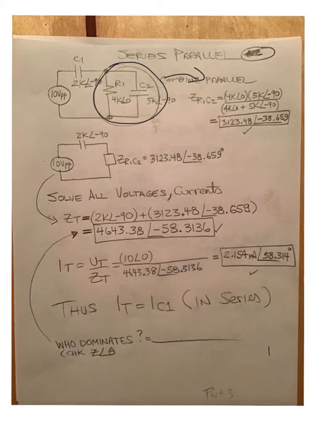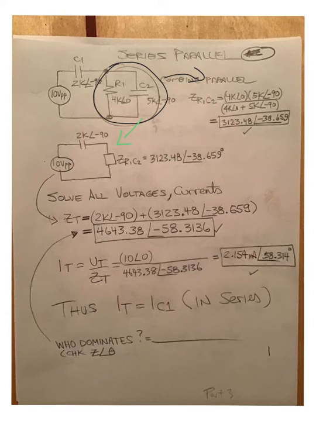Okay, so once I combine those two, they drop into the situation of becoming a combined impedance. And you see how quickly this circuit goes from series parallel to chapter 5-ish. It's a series circuit now, right? So theoretically, you should be able to solve all the voltages and currents in this three-part circuit.